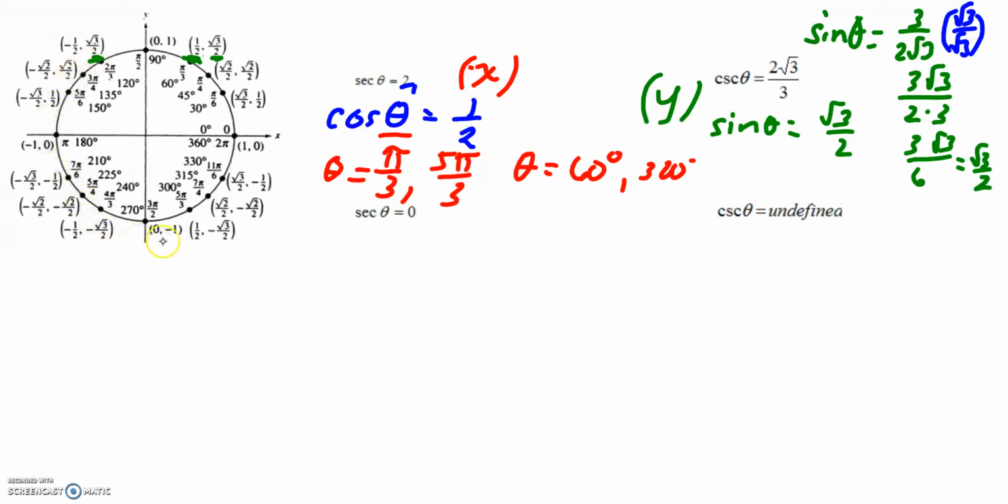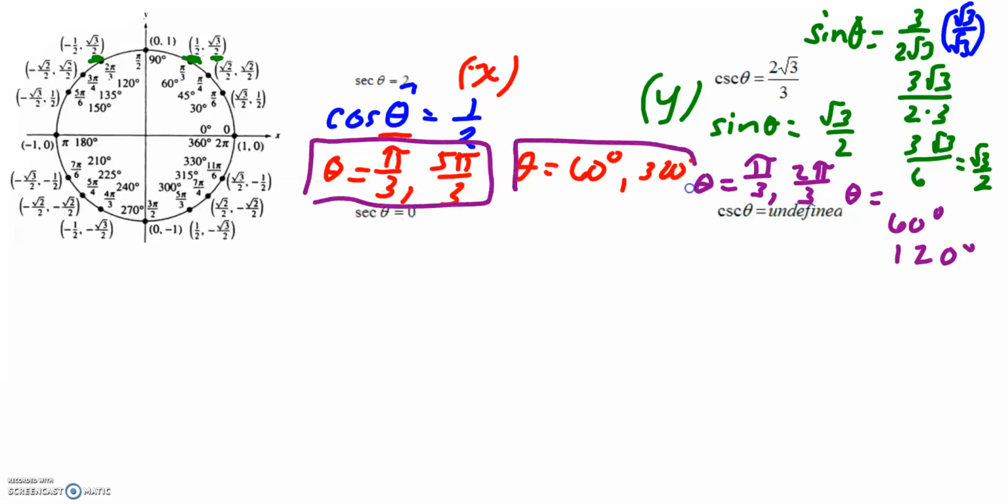And if I scan all the way around, everything else looks like it's negative. So these are my 2 options. My answers for theta in radians are either pi over 3 or 2 pi over 3, and in degrees, my answers would be 60 degrees and 120 degrees. So here's my answer for the first one in radians and degrees.